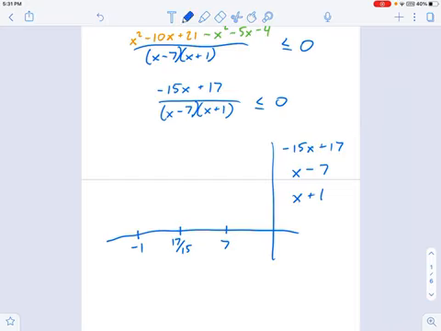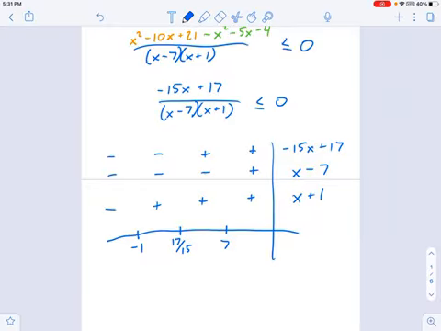Okay, great. So now we fill in our plus signs and our minus signs. Here's the x plus 1. Here's the x minus 7. And here's the screwy one, the negative 15x plus 17.